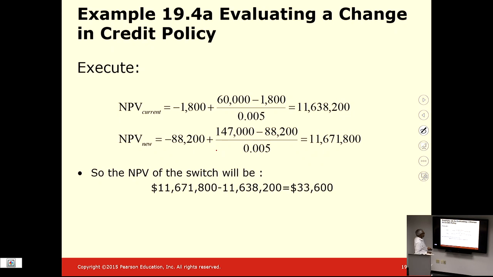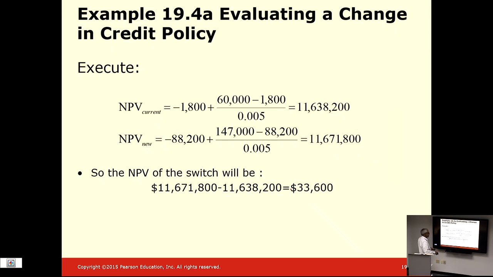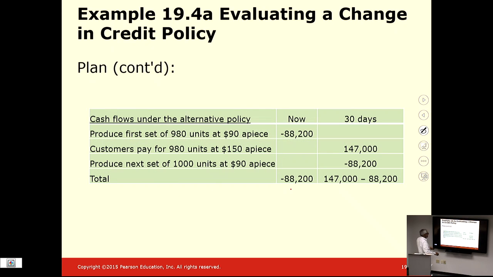And ultimately what we are looking for is the impact the current policy has on net present value and the impact the new policy will have on net present value. So if the net present value from the switch is positive, then we will enact the switch in policy. If it is not positive, then we will not enact the switch in policy.